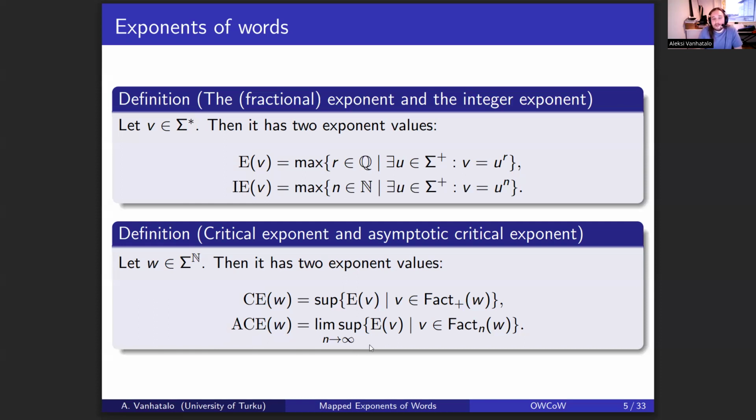It is the limit supremum of the regular exponents when the factor is getting larger and larger in size. So that's where the limit is, here at the n. And the point of these exponents is to measure, with an explicit numeric value, how repetitive the word we are talking about is.